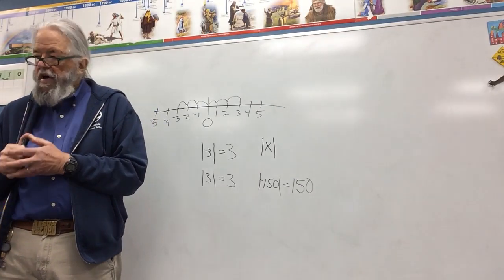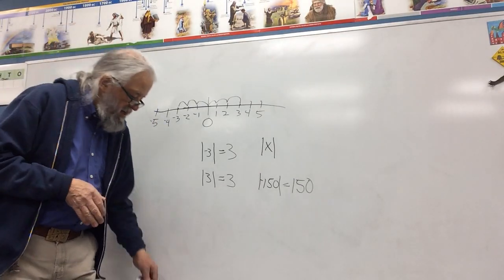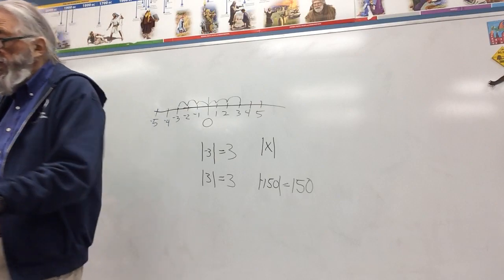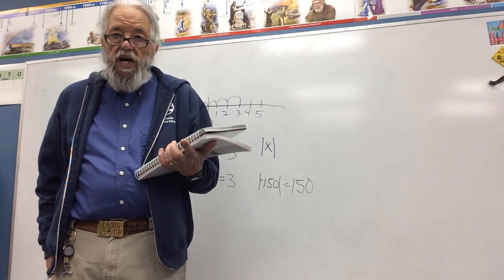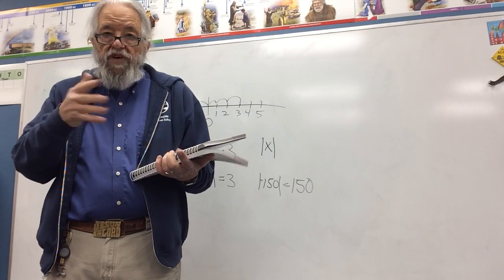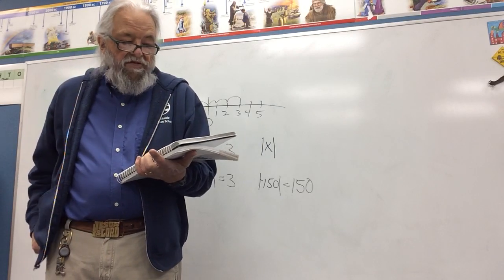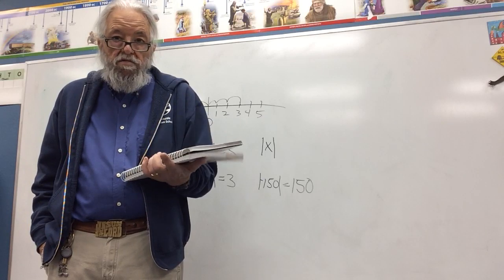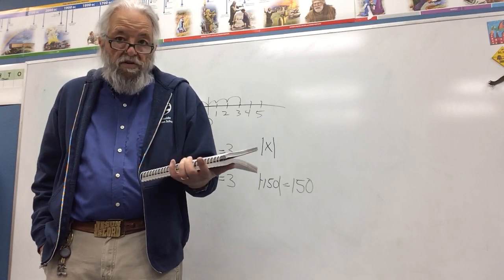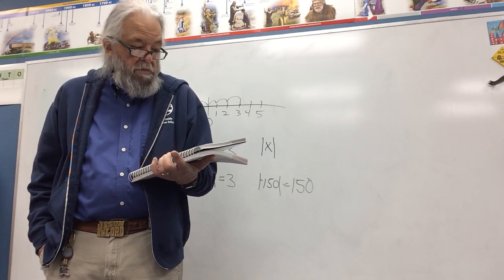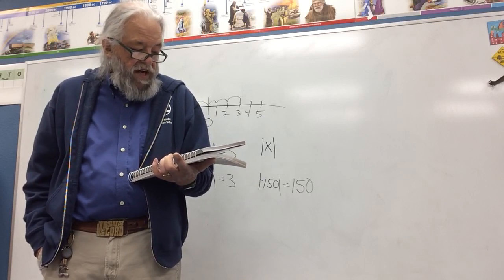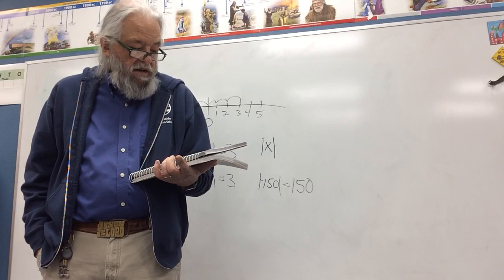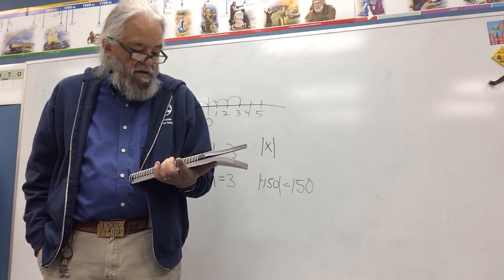So again, it doesn't matter whether it's a positive number or a negative number. It's talking about the absolute value, the distance from 0. Okay? So that's what you see there with example number 1 and skill check 1.